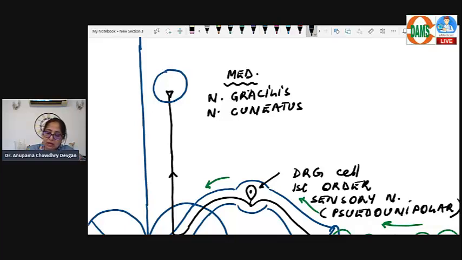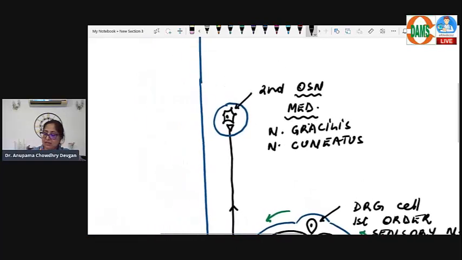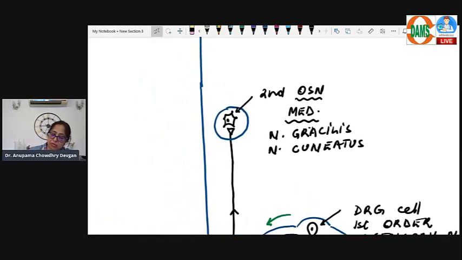From this nucleus gracilis and nucleus cuneatus in the medulla now arises what is known as the second order sensory neuron. And this second order sensory neuron now crosses over to the opposite side. So crossing to the opposite side is being done by first, second, or third?